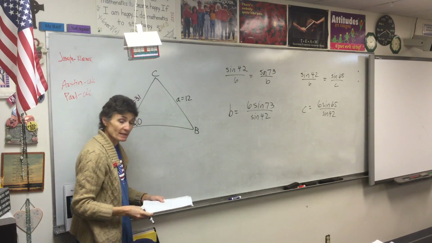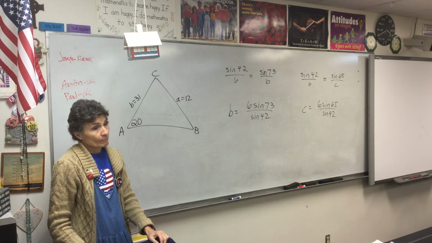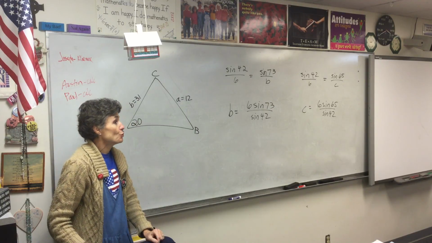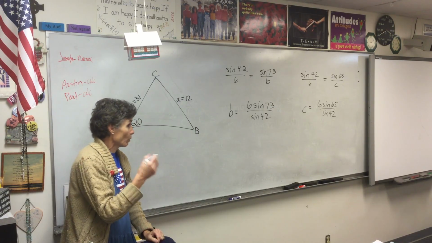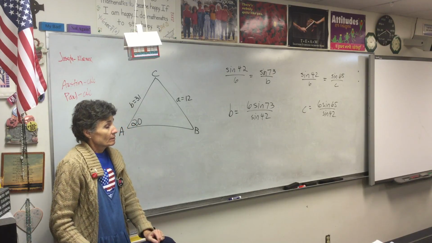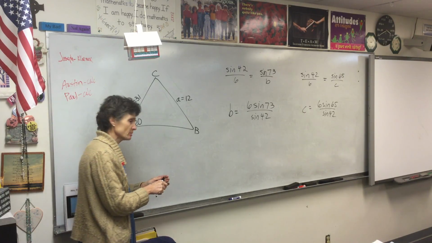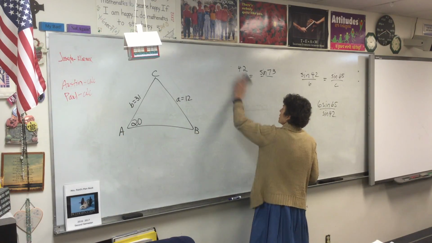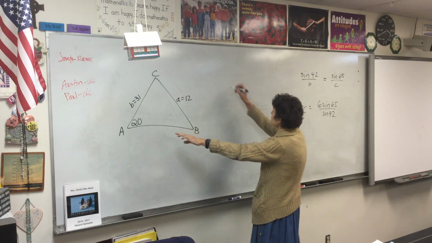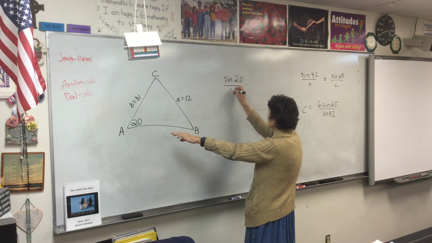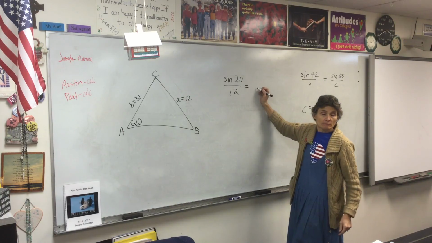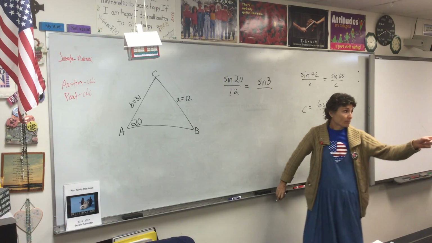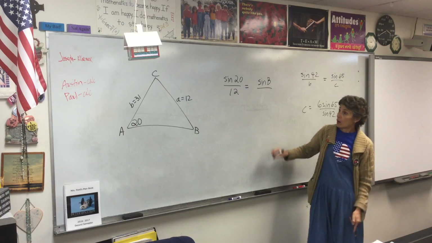Now this one's a little bit different. Because before, in all the other examples, I gave you 2 angles, so all you had to do was subtract from 180 to get the third one. This is a little different. But I wonder, could I still set up my law of sines? What would that look like? Sine 20 over 12, that'll work. Well, sine B, remember it's the sine of the angle, over 31.